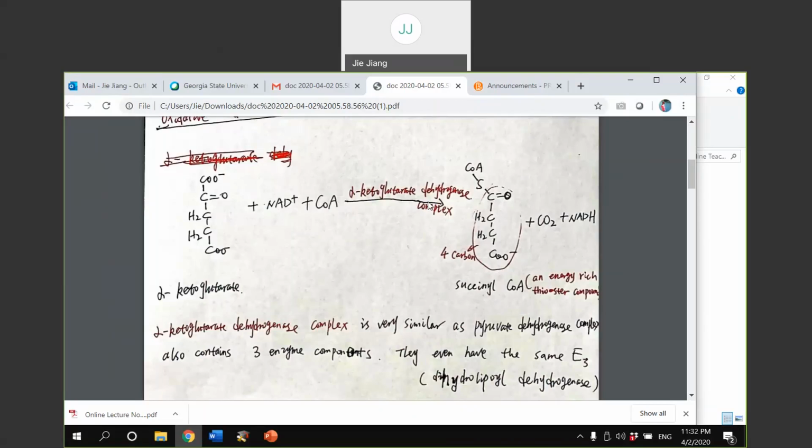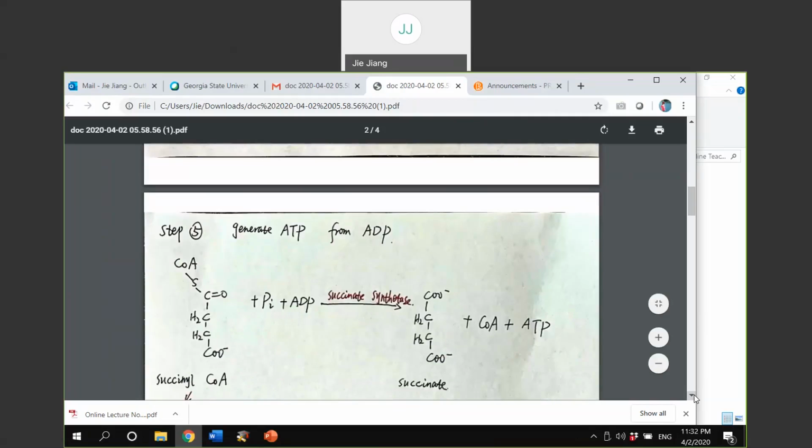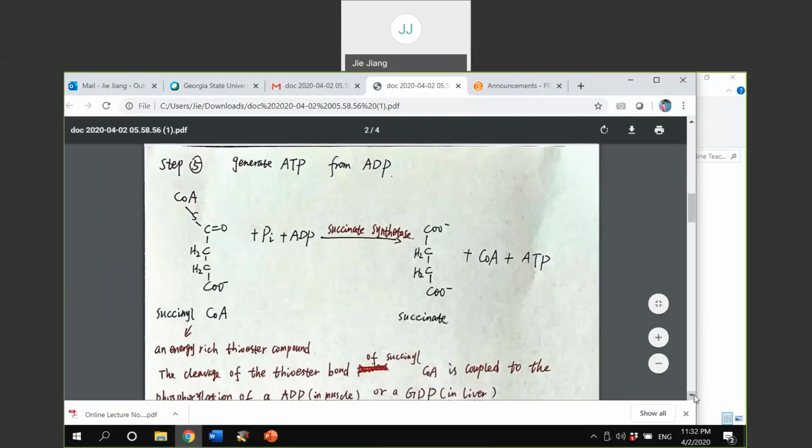It also contains 3 enzymes and even has the same enzyme as the pyruvate dehydrogenase complex, the E3. That is what you need to know. And of course, which one is reduced, which one is oxidized: NAD+ again is reduced to NADH. That's step 4.